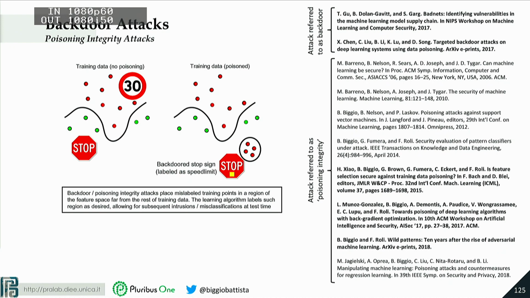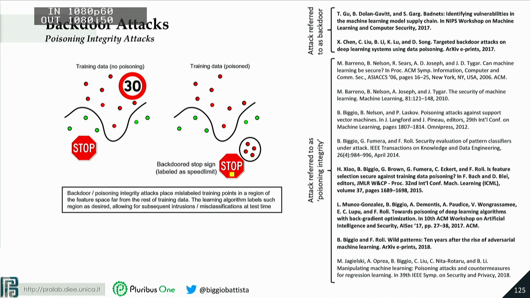So the setting here is that you have a pre-trained model available online. Then the attacker takes this model, manipulates it, and again releases it to the public. So if someone uses this model, which may contain a backdoor, then the model may behave as desired when the attacker activates the backdoor.